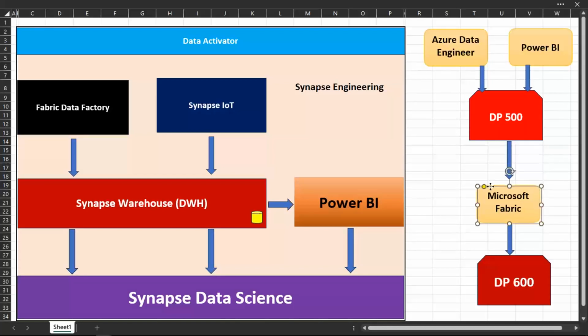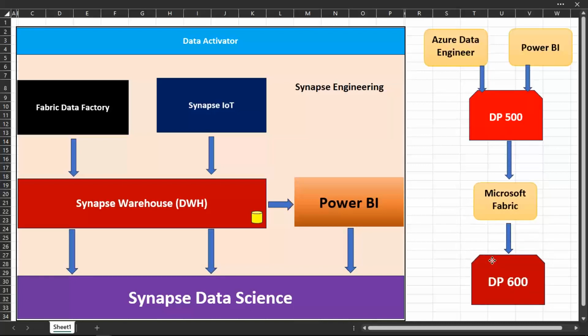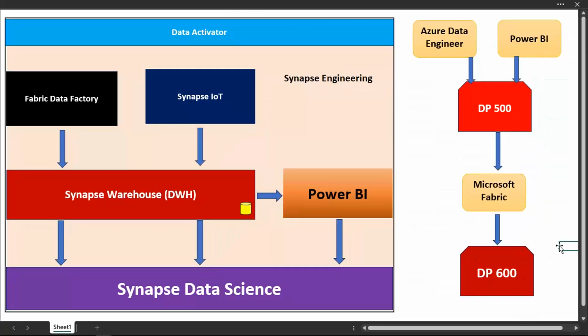I'm just preparing the diagrams right now ad hoc so that it will be useful for us for future reference. Yes, something like this. So DP 500, DP 600 are the applicable certifications. So this would be our learning path.